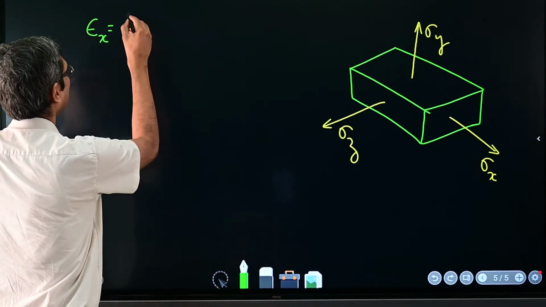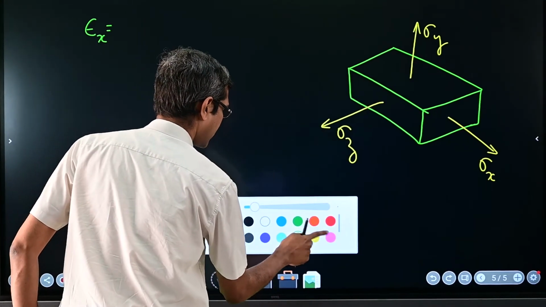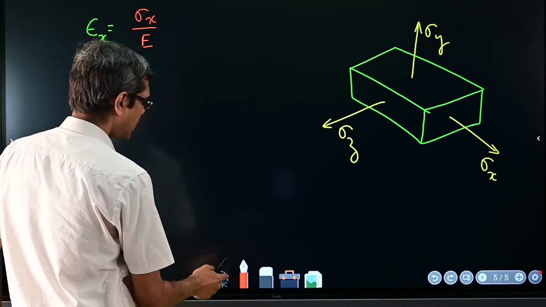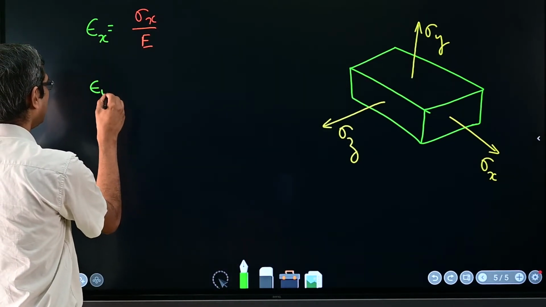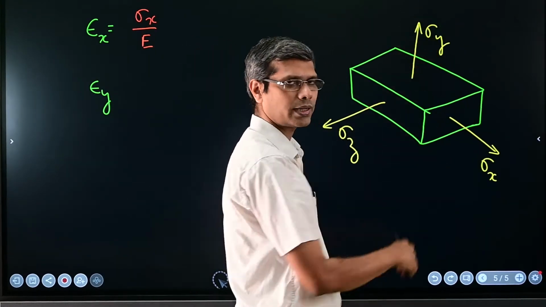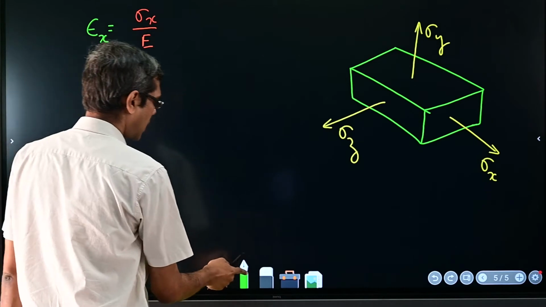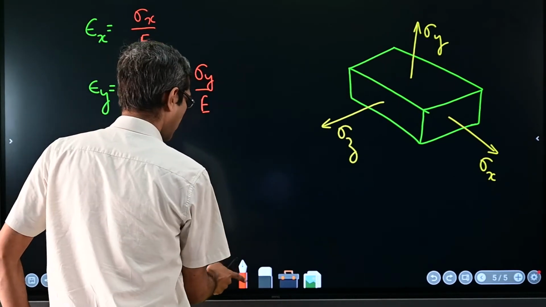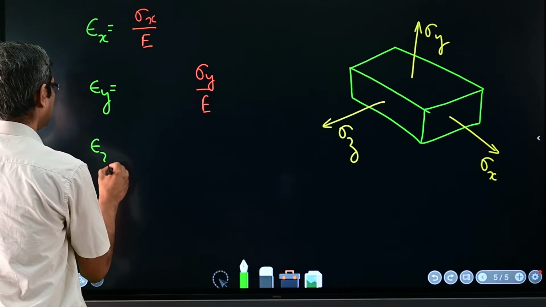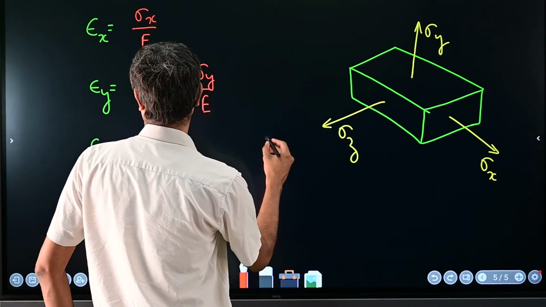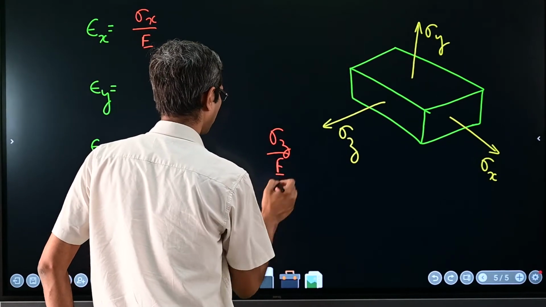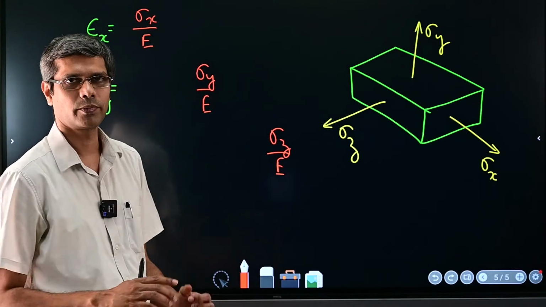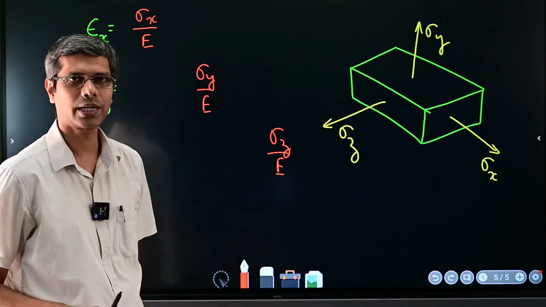Because of sigma x, you will have the term sigma x over E. Similarly, epsilon y, because of sigma y, is sigma y over E, and epsilon z is sigma z over E. These are not the full expressions for the strains; we will have some other terms, so I have written them like this.